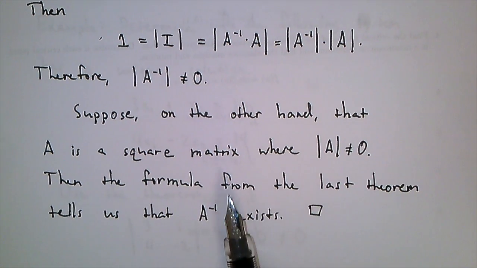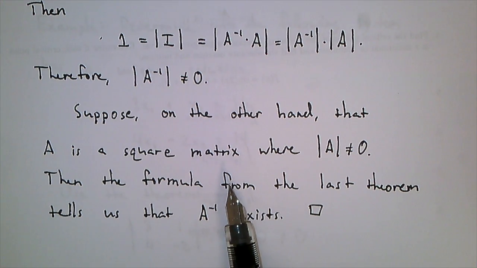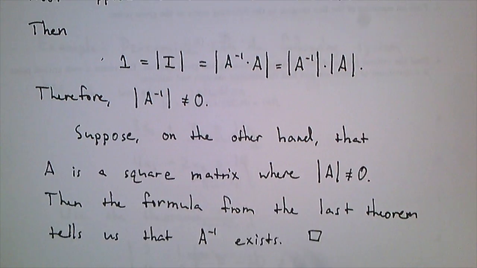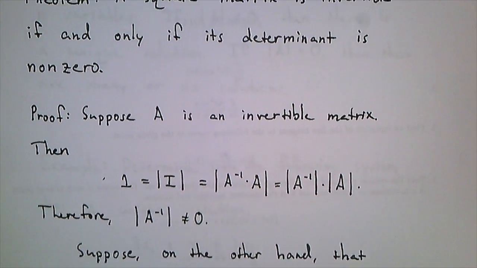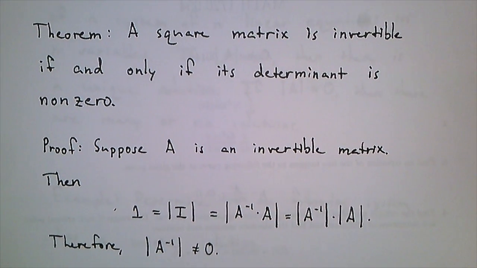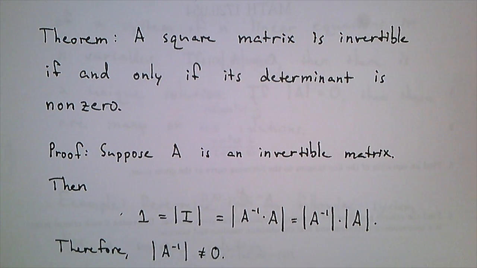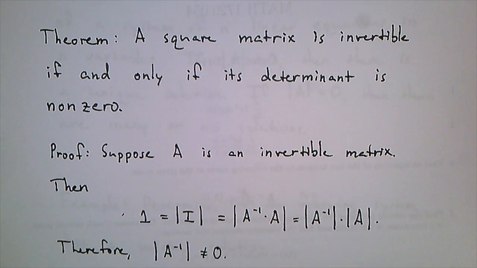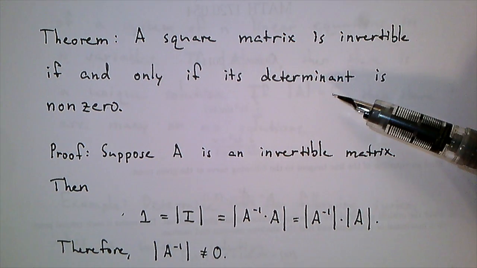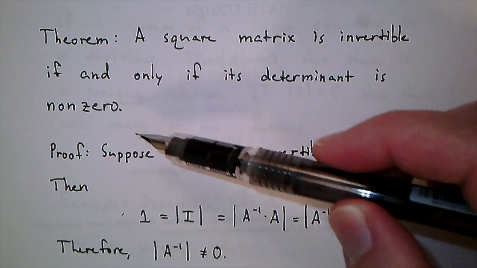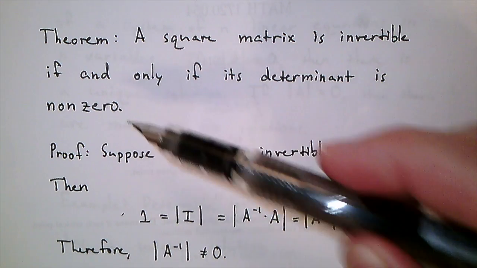So we actually don't have to do any work for this half. Okay. So that's the proof. And this theorem gives you an easy, or relatively easy, way to check if a matrix is invertible without actually going through the whole process of computing the inverse. All you have to do is find the determinant and see if the determinant is 0 or non-zero.